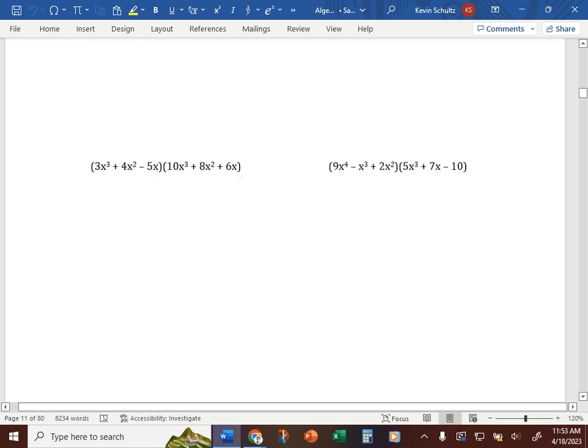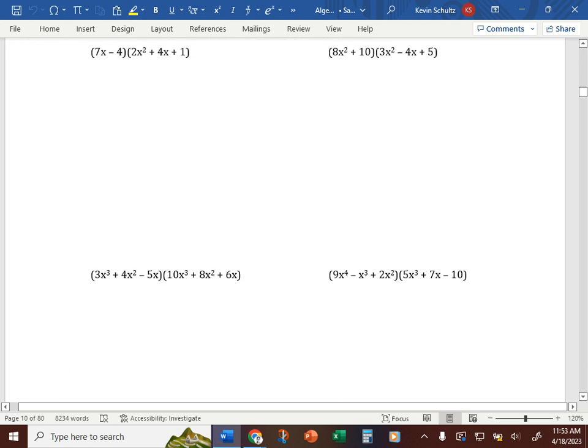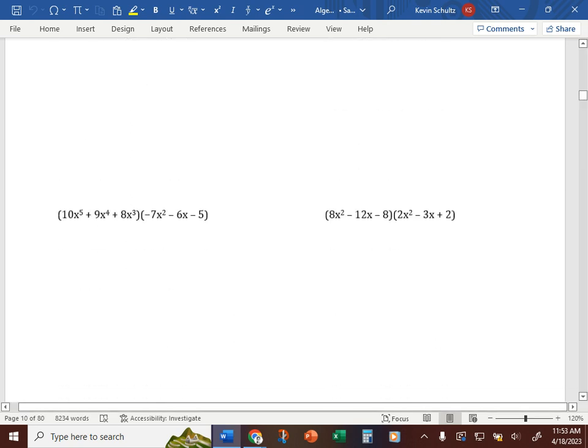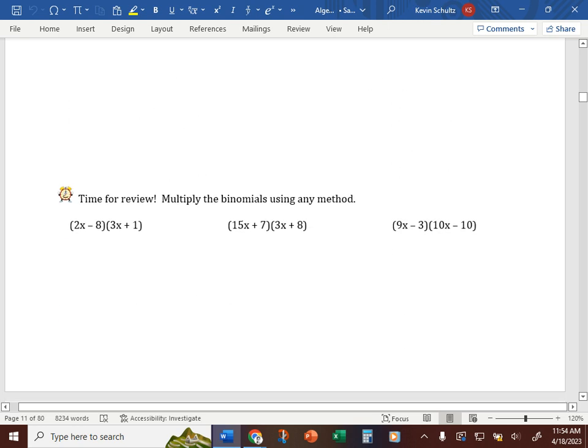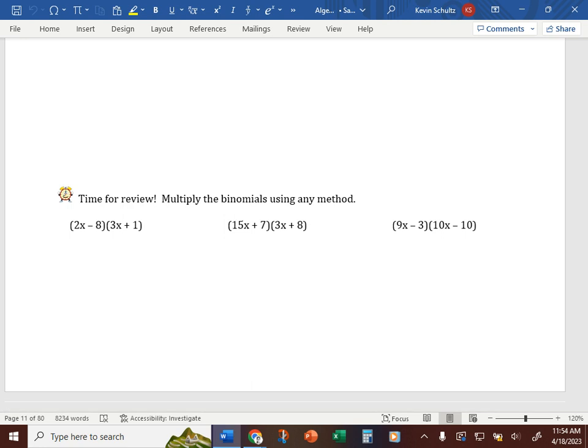So of the 6 we have not done, we did 2 of them on the first page, so there are 2 remaining. And there are 4 of them on the second page, so total of 6. Of those 6, pick 4 of them to do, but you must do the time for review at the bottom. So 7 total questions, 4 of the big box, and then all of the time for review.